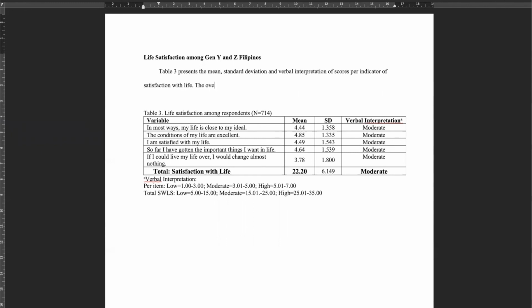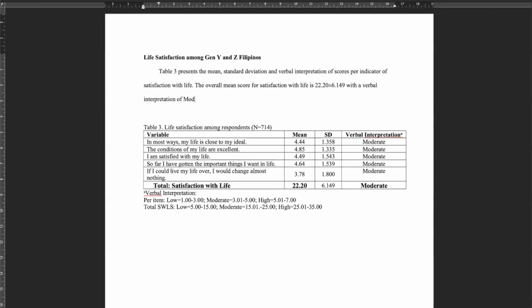The overall mean score for satisfaction with life is 22.20 plus minus 6.149 with a verbal interpretation of moderate.